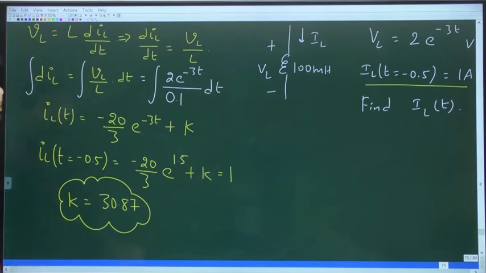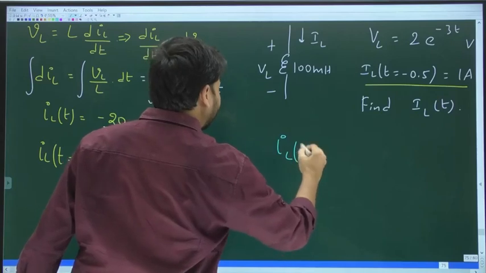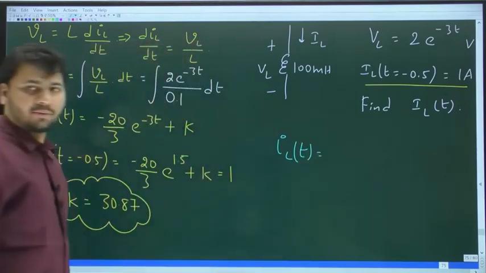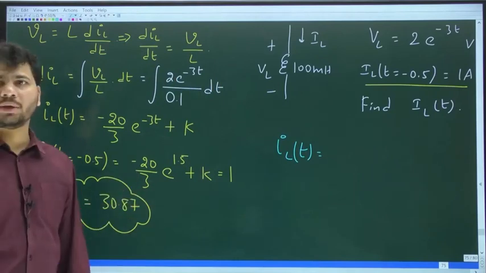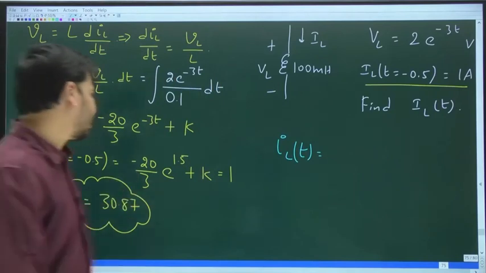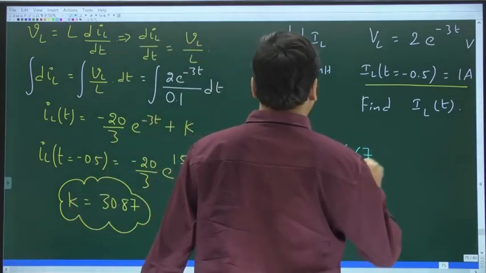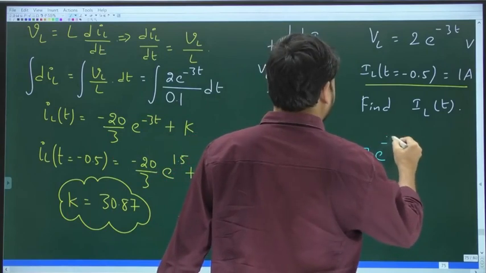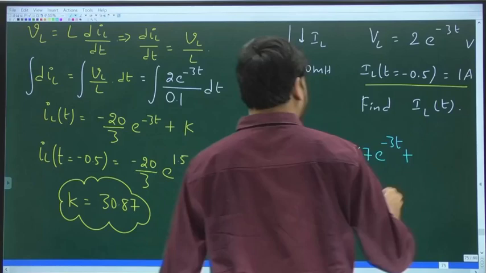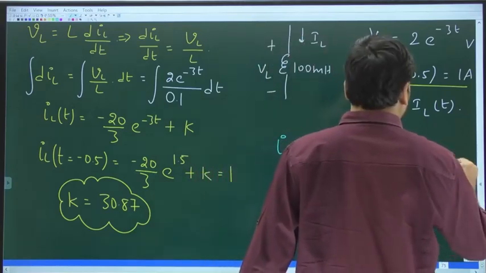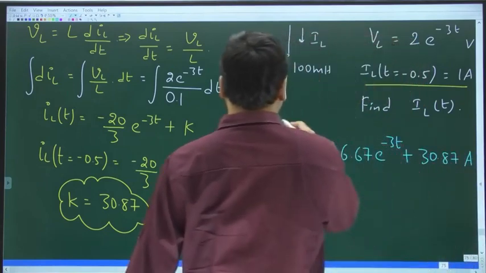Once you find the value of k, we can write the complete expression for IL of t. Minus 20 by 3, what is 20 by 3? I think 6.67. So minus 6.67 times e power minus 3t plus k, where the value of k is 30.87, in units of amperes.